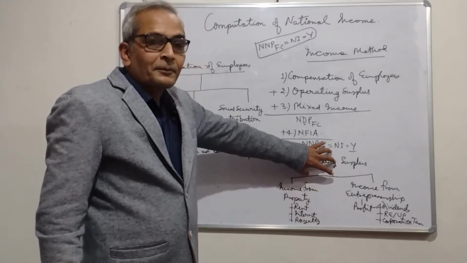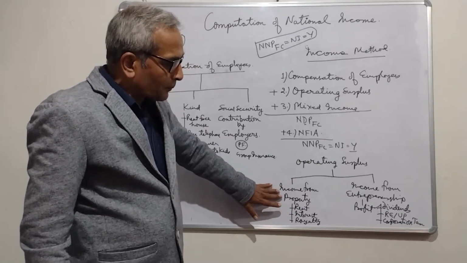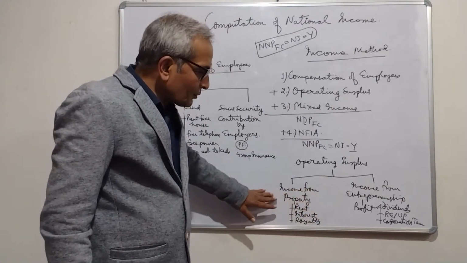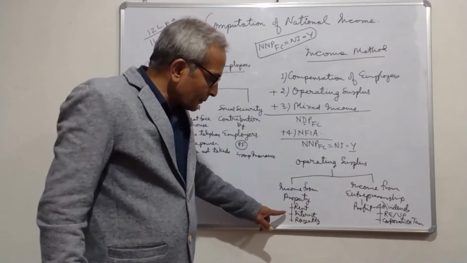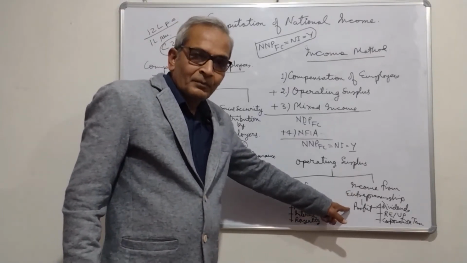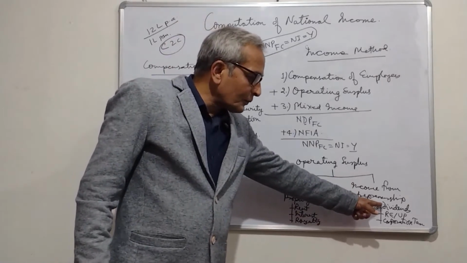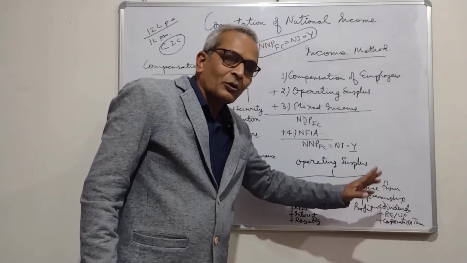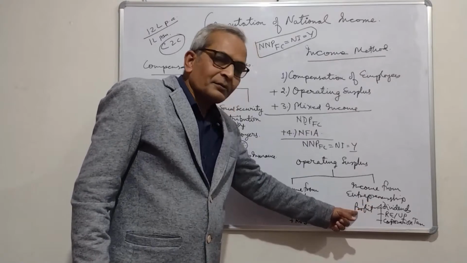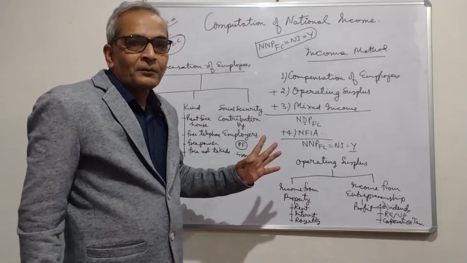If operating surplus is not given, then we are required to look for income from property and income from entrepreneurship. If these two are not given, then we are supposed to look for rent, interest, royalty and profit. And again, if profit is not given, we have to look for dividend, retained earnings and corporation tax. Add these three, then we get profit. Add these three, then we get income from property.